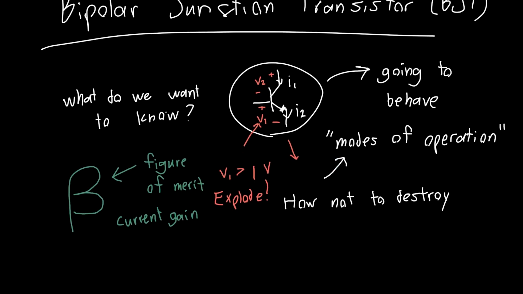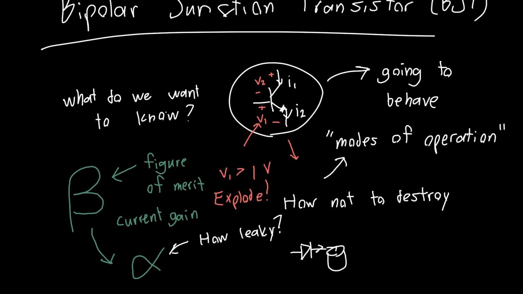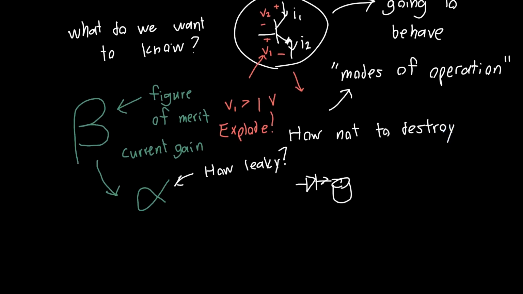But in device physics, we're physically more interested in this figure of merit you can get from beta called alpha. And we talked about the BJT as essentially a diode connected to a bucket. And the bucket is collecting all of the diode's current. Alpha describes how leaky is my bucket. So an alpha equal to 1 means we have perfect collection.